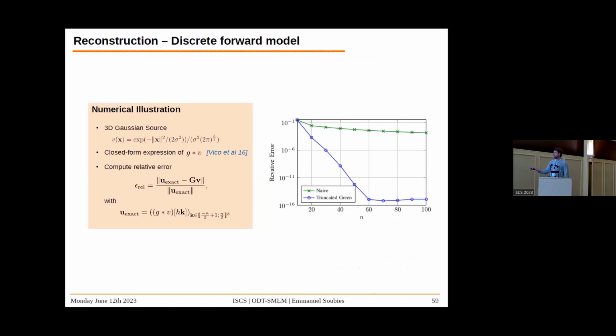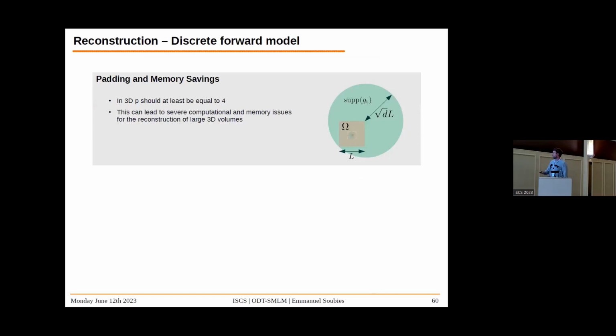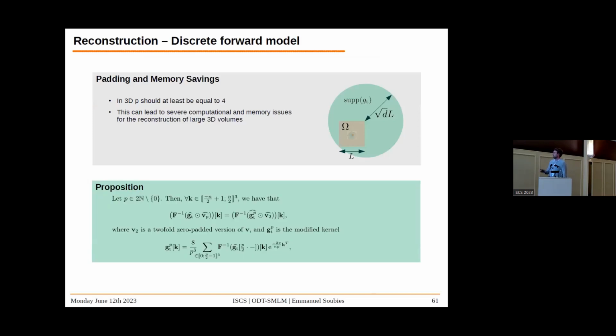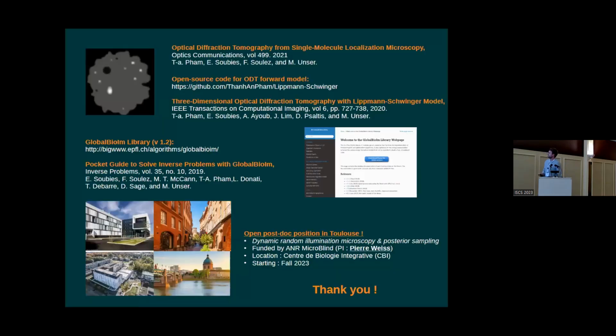We can see that in a case where we know the closed form expression of the result of the convolution, we can reach machine precision if we have enough sampling points, compared to the naive approach. Okay, and this was for reducing time and memory, but we can discuss that later.